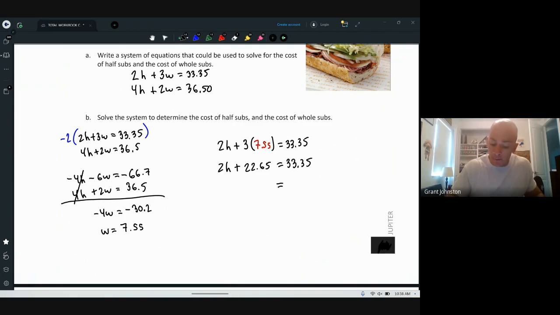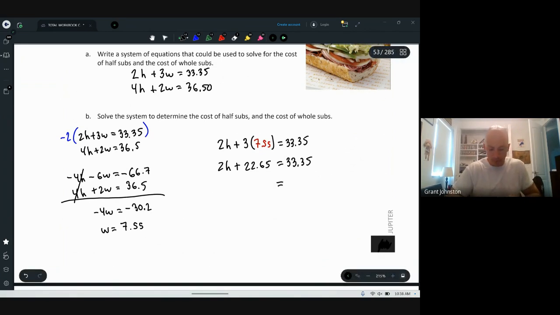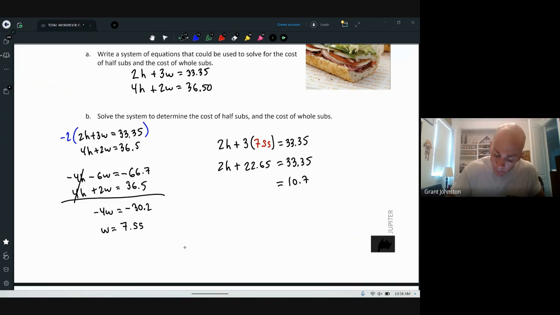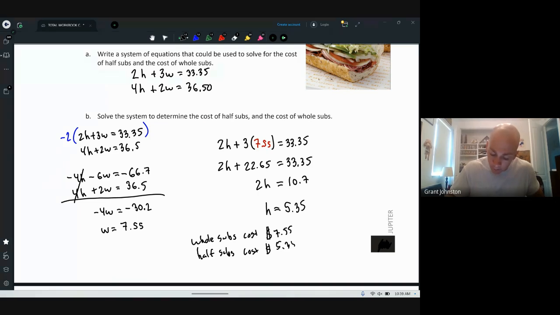Subtract 22.65 on both sides. 33.35 minus 22.65. I got 10.7. Divide by 2. And H is 5.35. Okay. So whole subs cost $7.55. And half subs cost $5.35.